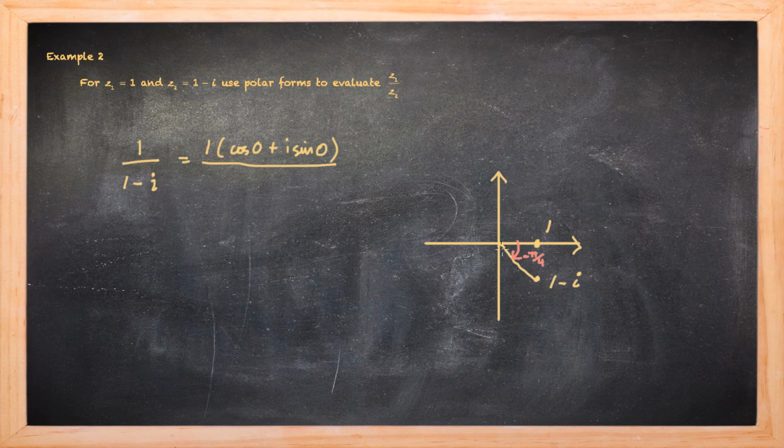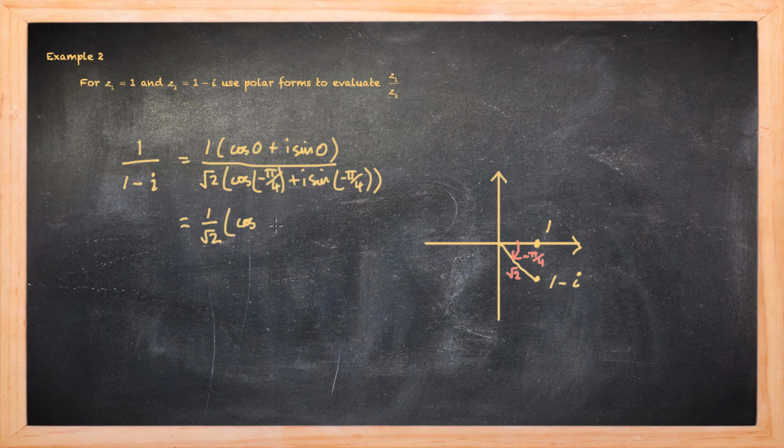Imagine a unit square there. And therefore its modulus is root 2. So there's its polar form. And again, remember, dividing two complex numbers in polar form, we divide the moduli, so that would be 1 over root 2, and we subtract the arguments.